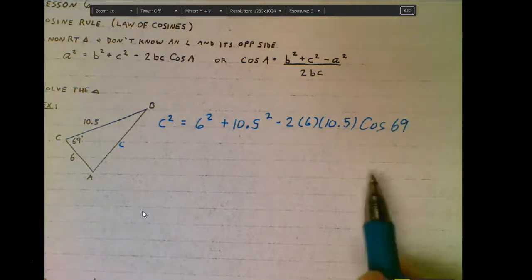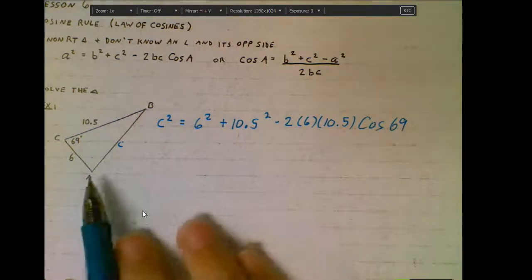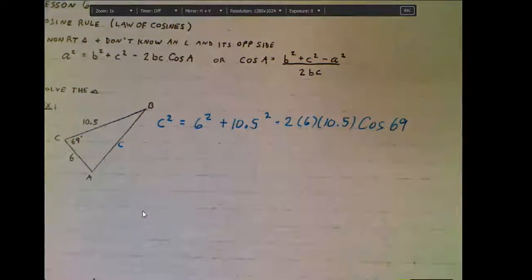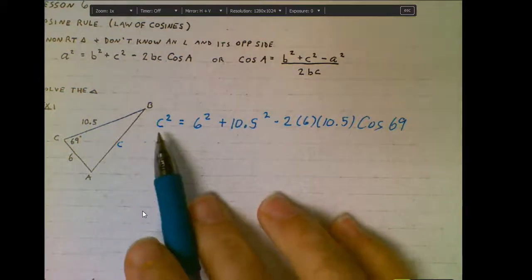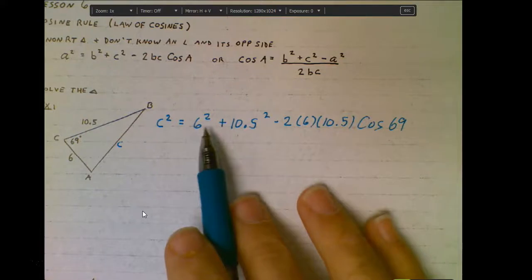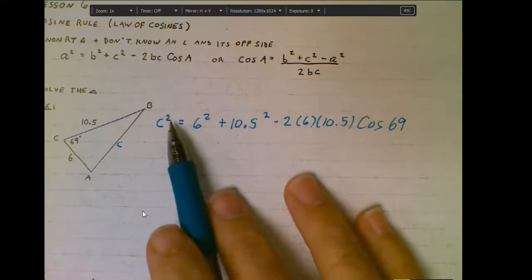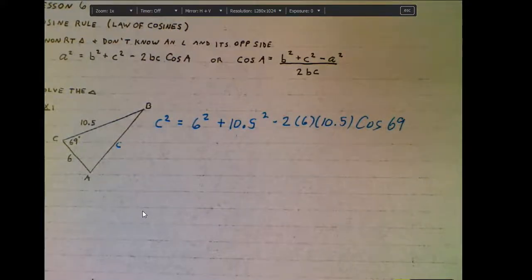Again, the thing that matters most here is this side has to be across from this angle, which you can see is what we have. So I know my setup is good. All I have to do now is a little cleanup here and get C by itself. All of that can go in my calculator. I will then square root both sides in order to solve for C.